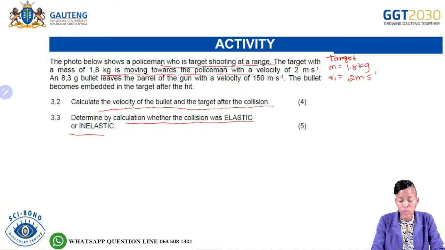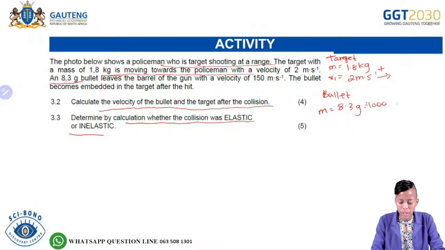Then we said we are going to decide on the direction, and the direction of the target would therefore be to the right. So if it is to the right, we are going to take the right as positive. Then it says an 8.3 gram bullet. So we have the bullet which has a mass of 8.3 grams, and if you have grams, you need to convert to kilograms.